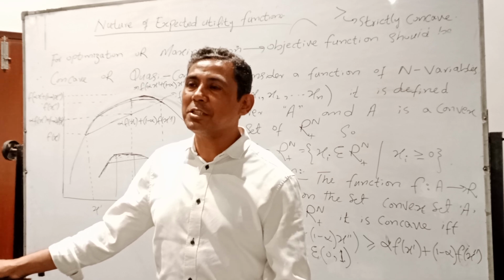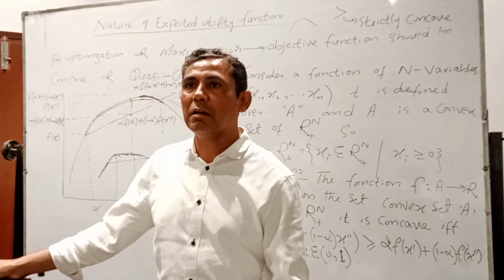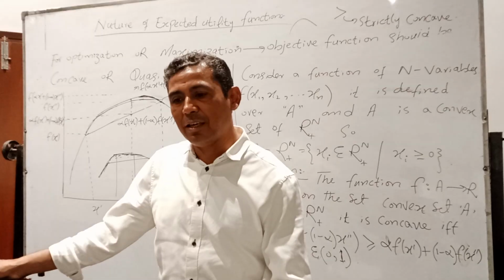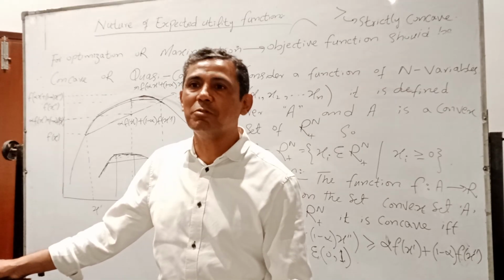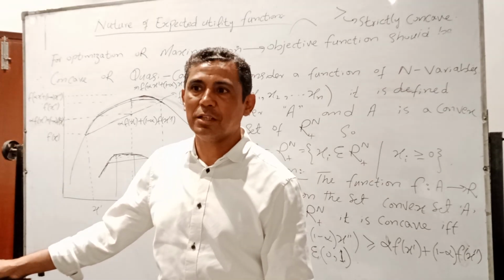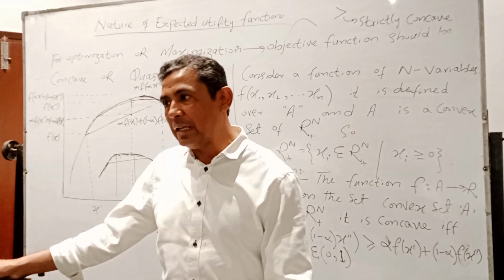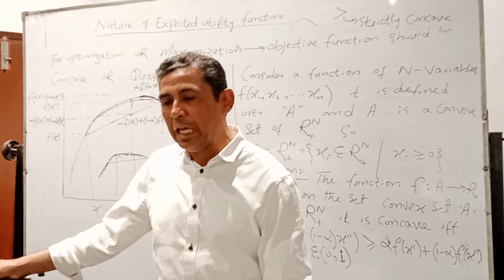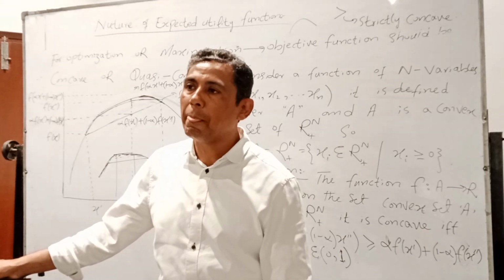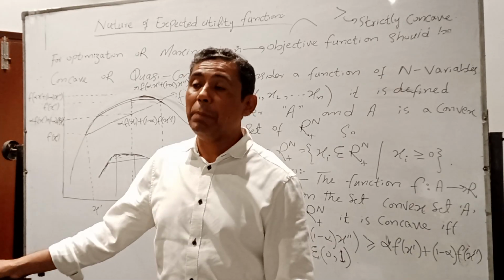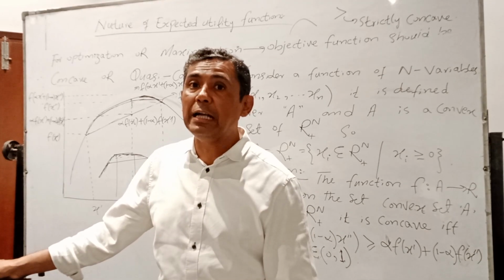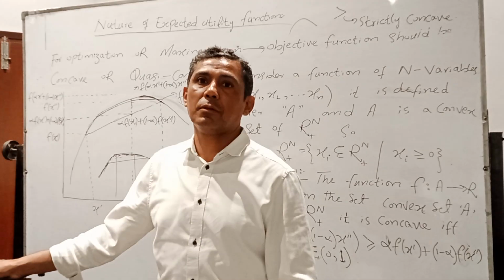So as far as rationality is concerned, clear, it means he can compare which one is better, which one is the worst choice. Clear. So in that case, we have to define a global maxima.